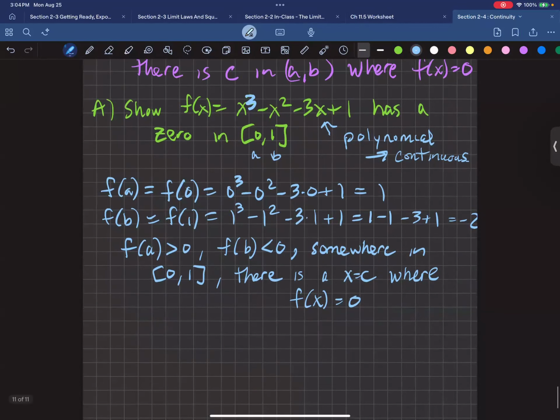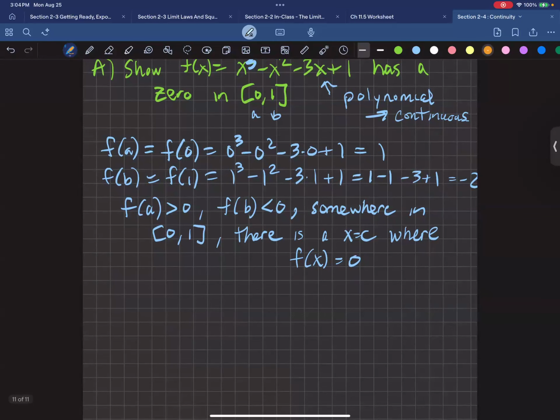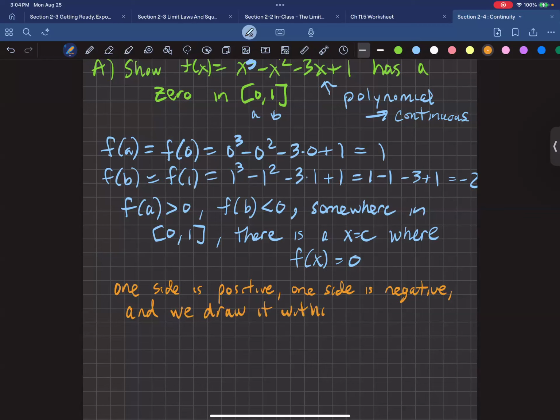This idea is like one side's positive, one side's negative, and we draw it without picking up the pen. It must cross the x-axis, where f of x equals 0.